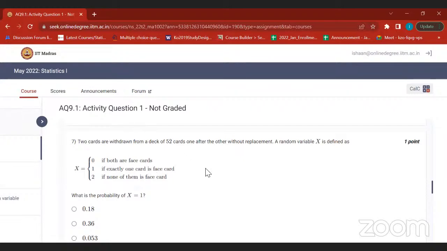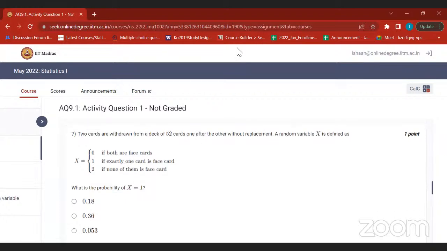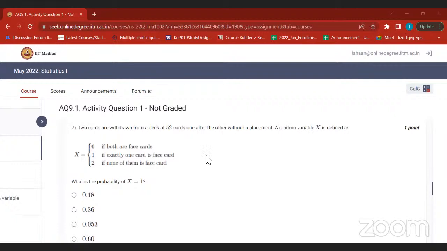And the second card, just a minute, it would be 40 by 51, right? Any of the 40 you can select; your favorable cases are 40. We are drawing without replacement, so we have drawn 1 card, so it would be 40 by 51.